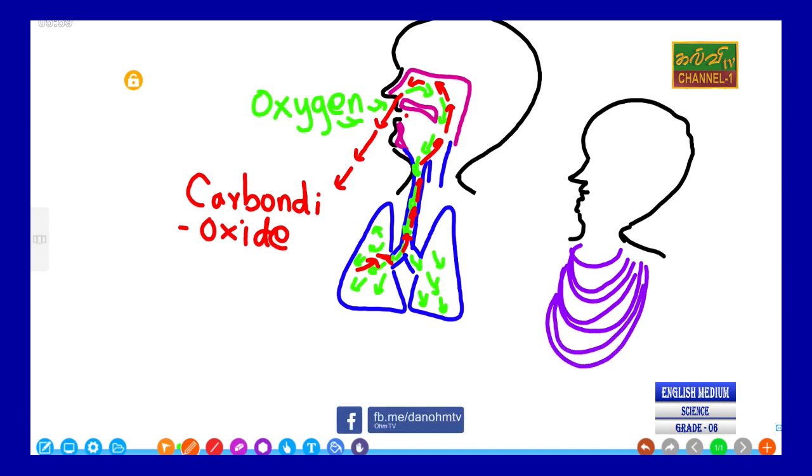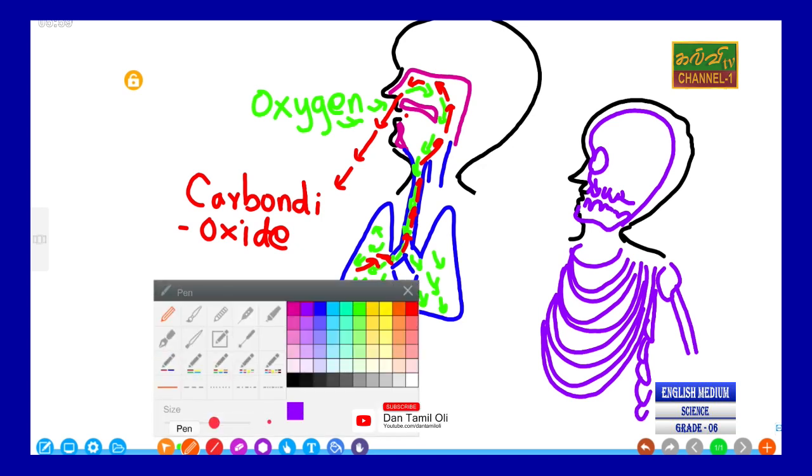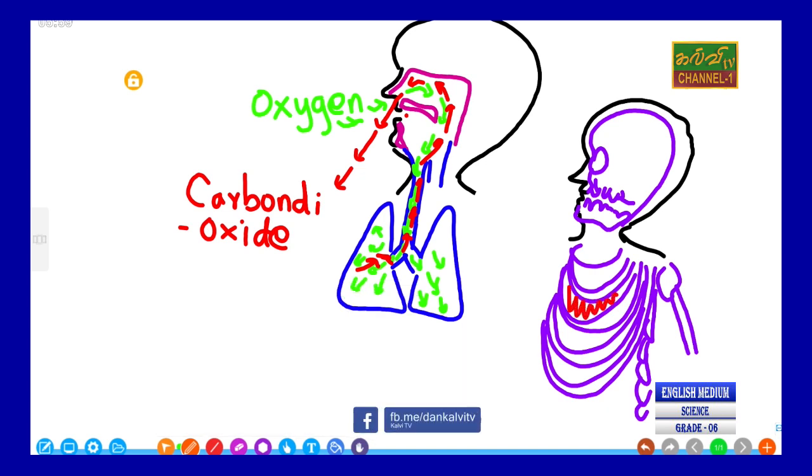Chest bones are there, the ribs here, and the backbone also. Between the ribs, we find some muscles.